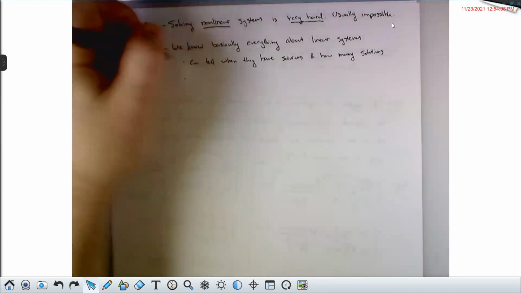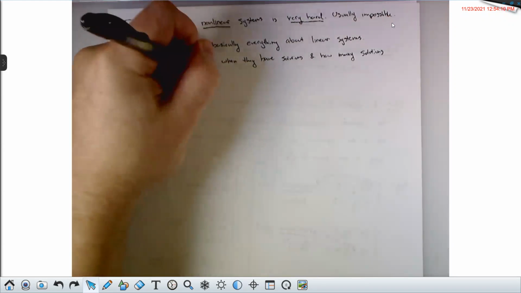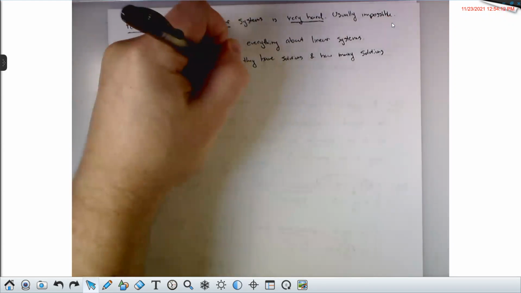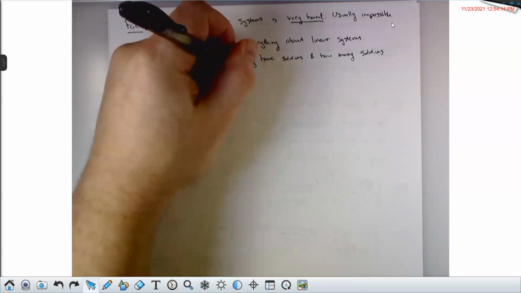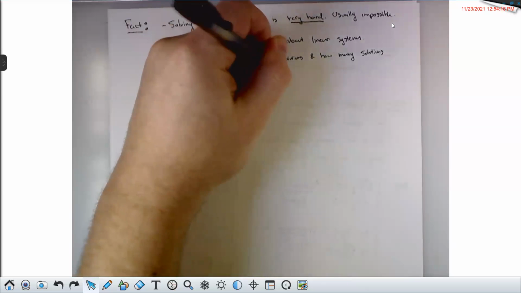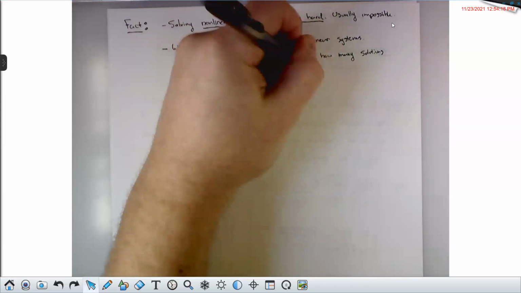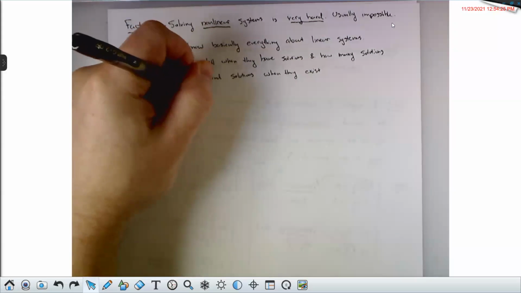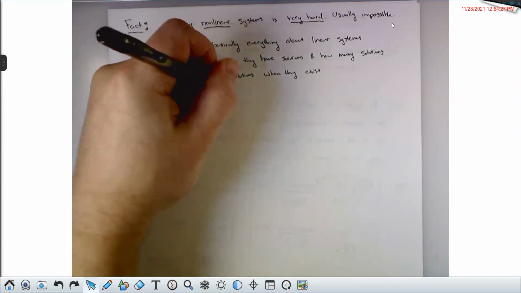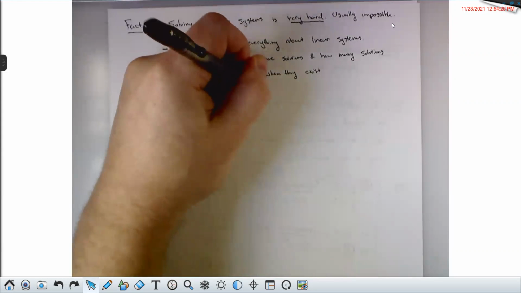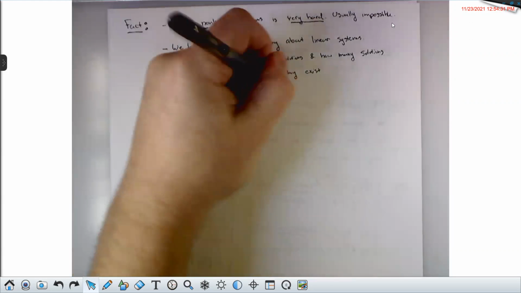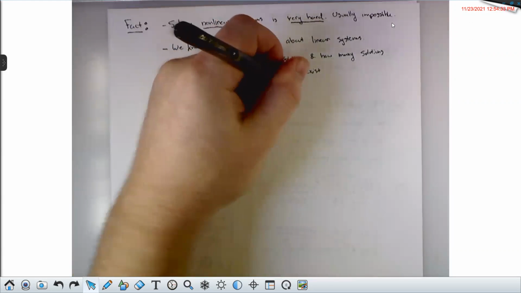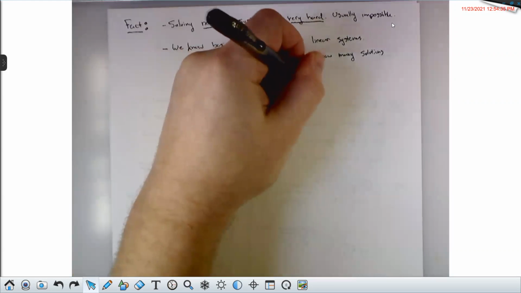We're good at finding the solutions, when they exist. And there is a whole branch of mathematics, it's called linear algebra, dedicated to these things.